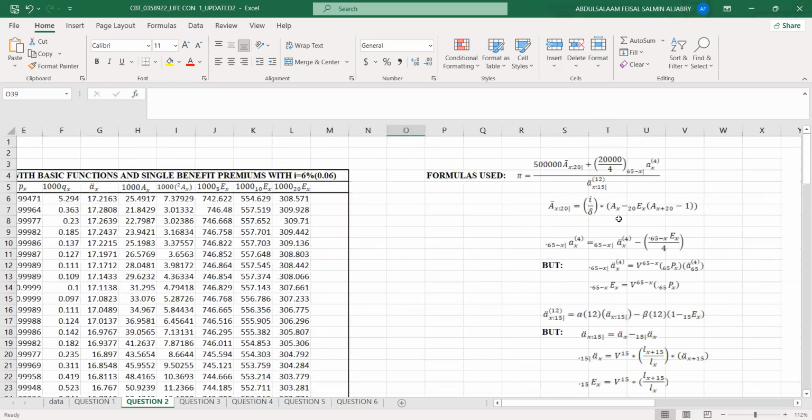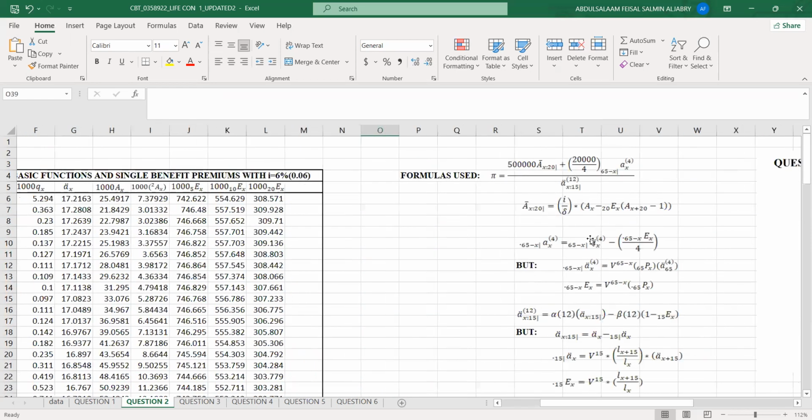Okay, jumping to the formulas which I used to find the level monthly premium. The general formula is this one. As you can see, pi symbolizes the level monthly premium.